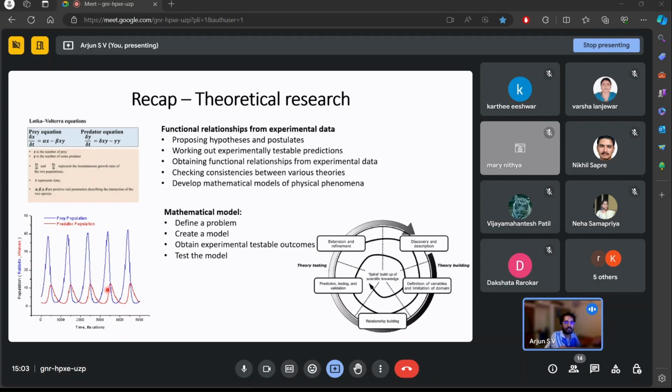Ultimately, we came to a conclusion-based recap that whatever theories we are building should be for the things that we have not already seen, and should be based on whatever we have already observed or measured so far.